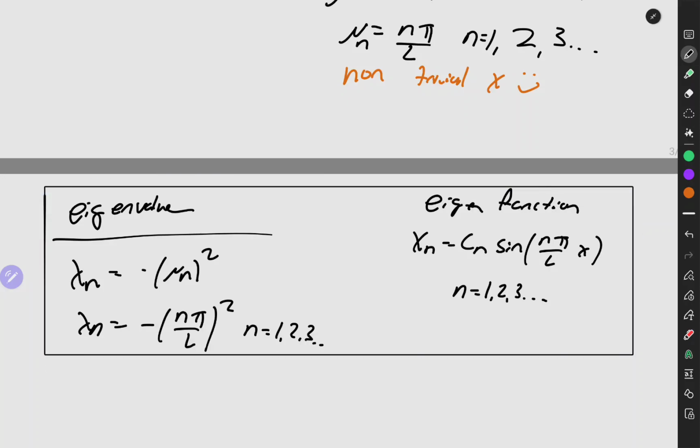You can kind of see how we're getting into a series here, right? So the next step would be to solve for t sub n, because we have x sub n, and then we have to write it out as a general solution, which is a series. So that's when all the fun stuff happens.